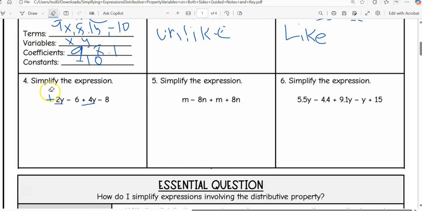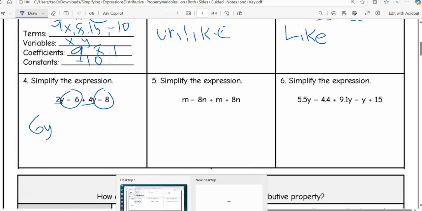So we need to do the y's first. This is what combining like terms is. 2y plus 4y is 6y. And then let's do the constants, which is -6 minus 8.